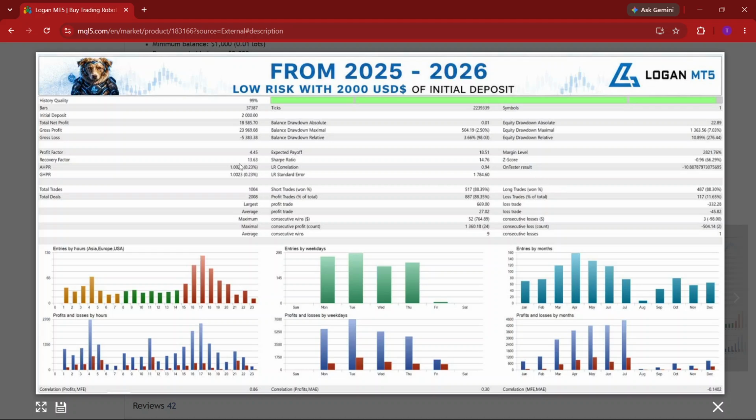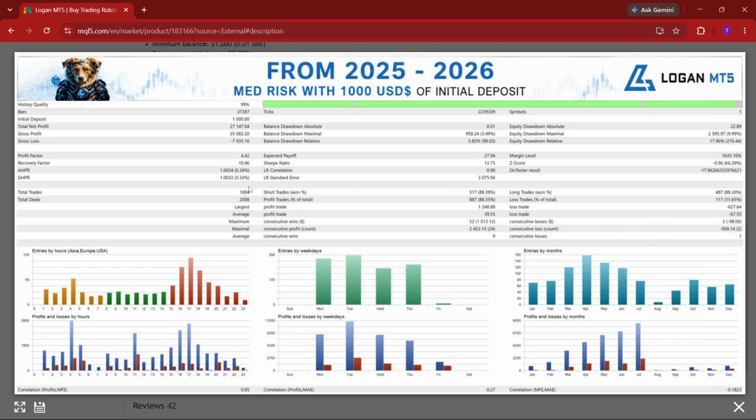You see some pretty aggressive numbers: $18,590 net profit, profit factor of 4.45, profit trades of 80, close to 90 honestly, and drawdown of 2.5 balance and 10.89 equity. We see that again in another backtest from 2025 to 2026, medium risk and similar results.